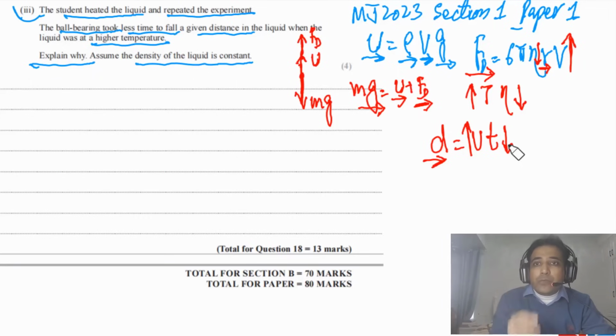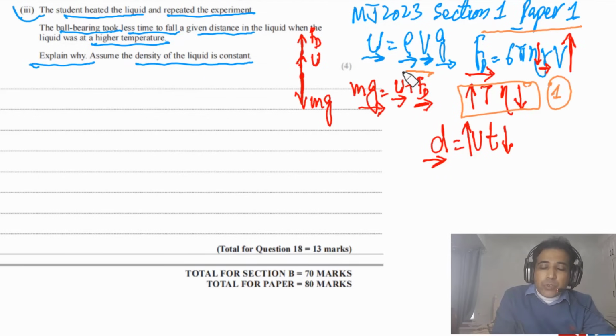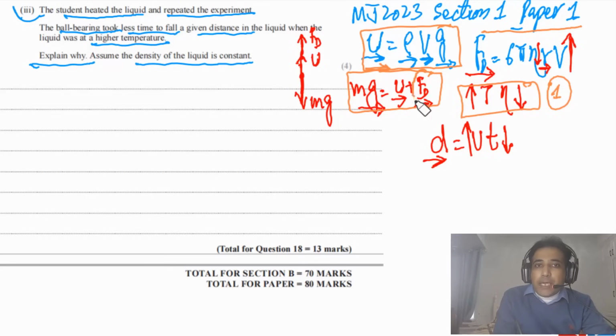So the first point we can say is at a higher temperature, viscosity will go down. You can mention this point. So this can be 1 point. Then we can also talk about forces. We can say upthrust will remain constant, and then we can also say Fd also has to be constant when the ball bearing is falling at constant velocity.